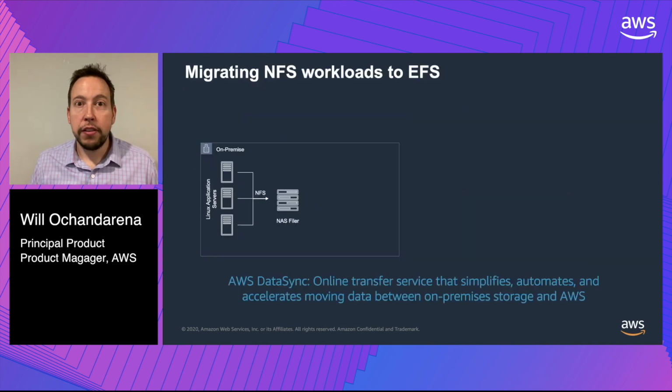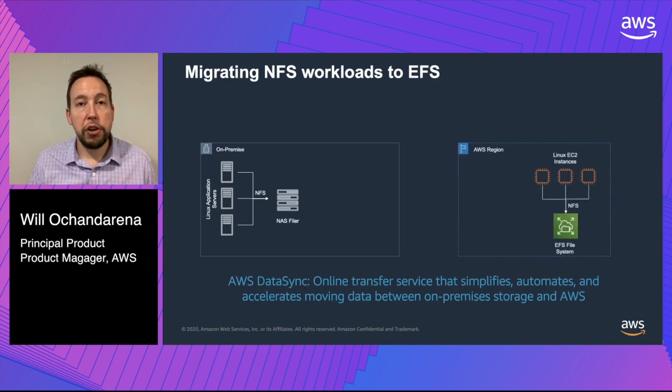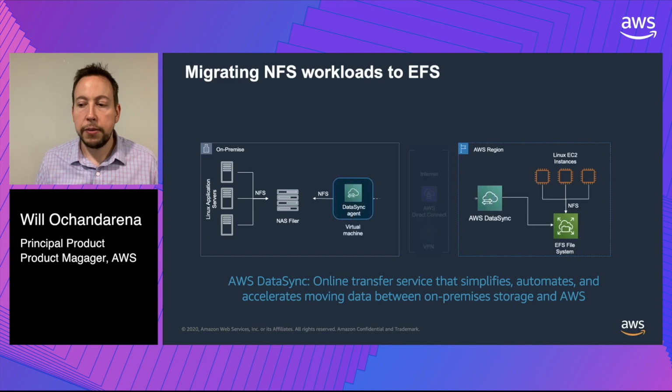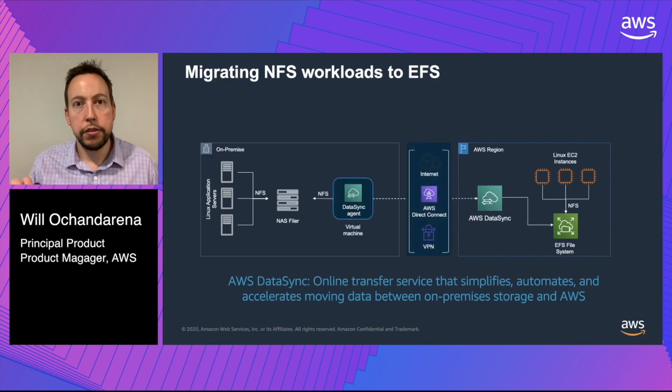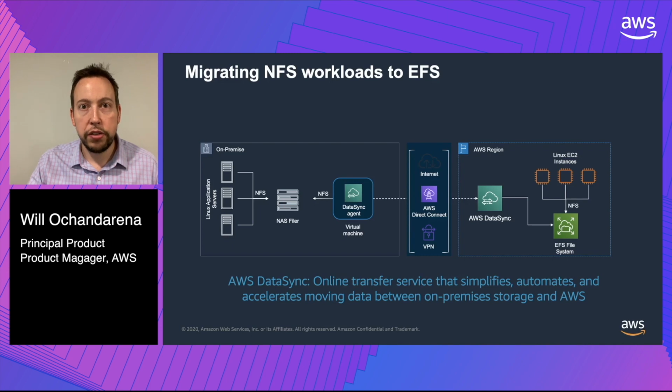Next, you may be wondering, how do you get started with this? How do you get existing applications moved into AWS so that you can take advantage of EFS and container services? Good news is we have a service for this called AWS DataSync. So if you have an on-premises environment, you can deploy an AWS DataSync agent in your on-premises network. And that agent is going to connect to your existing storage.